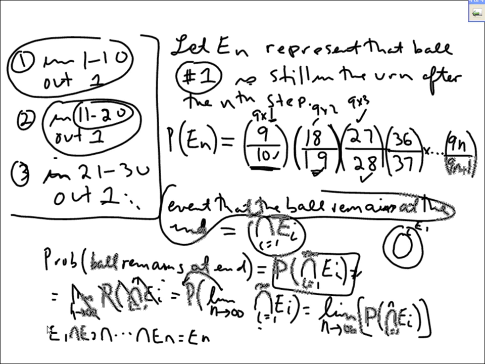Right. So, obviously we need some more space. So let me write down the important part. That is the last things we wrote. The very last thing we wrote is that it equals the limit as n goes to infinity of the probability of En.